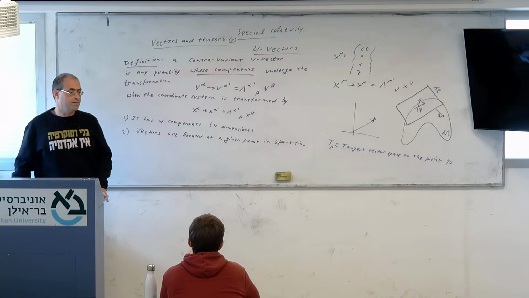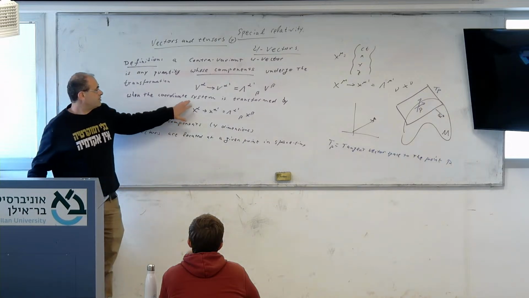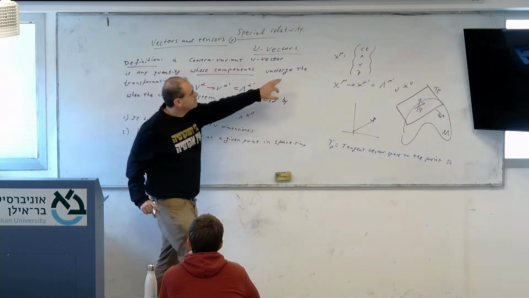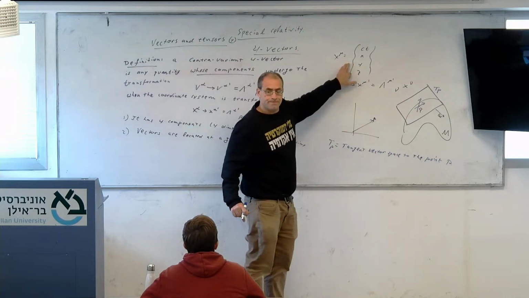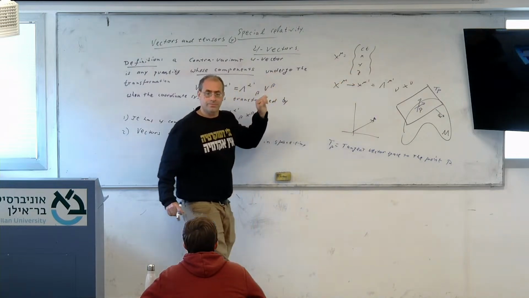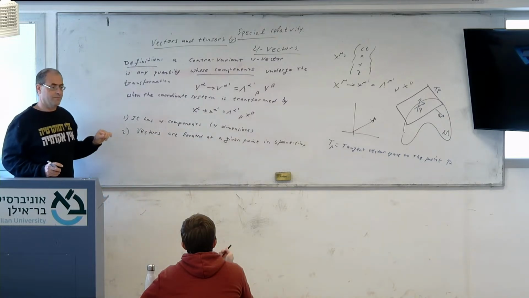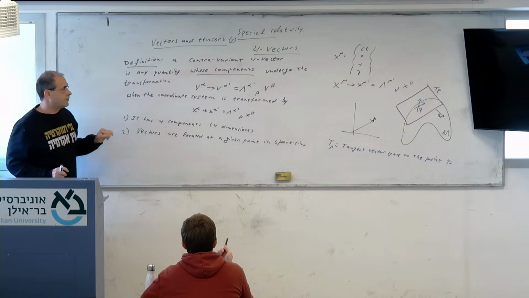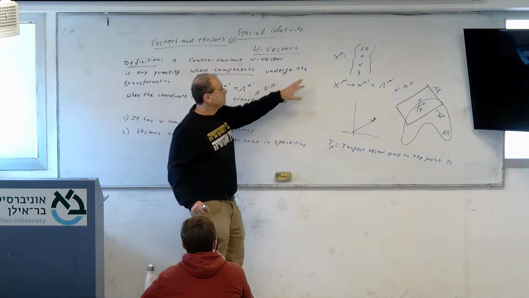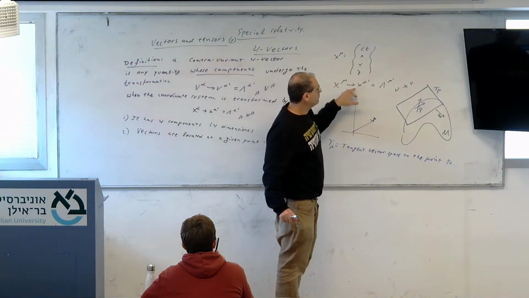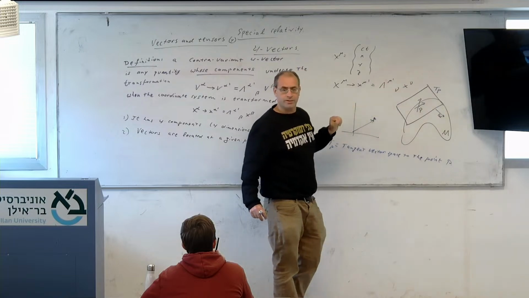X is just the coordinate system. This is a vector, yes, and this is how the components of this vector transform under Lorentz transformations.